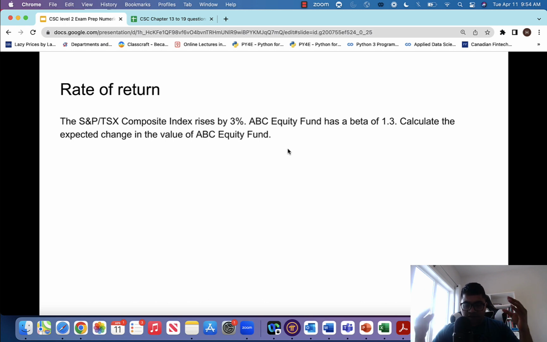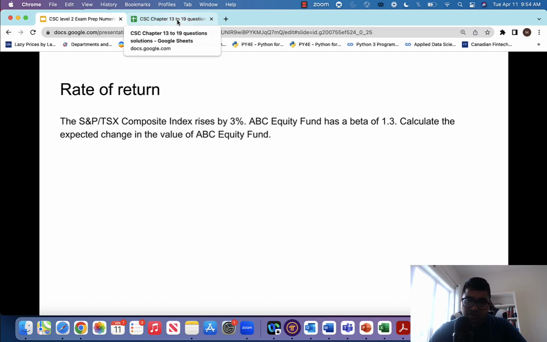So coming to the concept part, beta is nothing but the sensitivity that the portfolio or the stock has to the overall market. So your fund has beta of 1.3. So it is more sensitive than the TSX index. So how do you calculate the actual returns though?